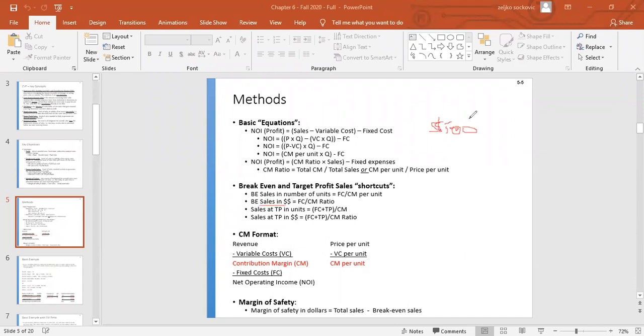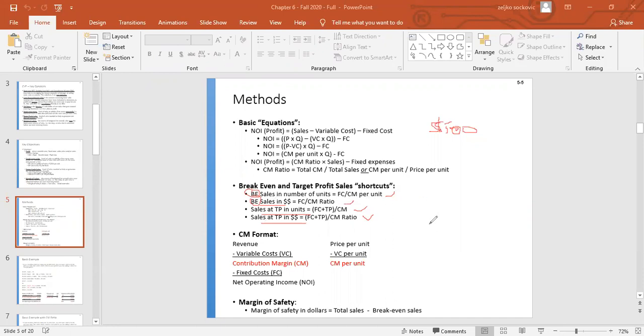So basically, whenever in the question a certain manufacturer wants to get a target profit of sales, I'll use the two bottom ones. You mean these two? Yes. If you want some target profit, then you would use these two. Correct. If you're looking for break even, then you would use these two. Okay, great. Thank you.